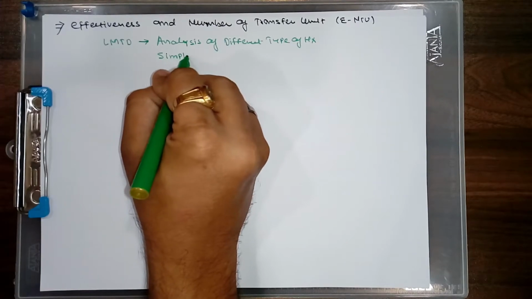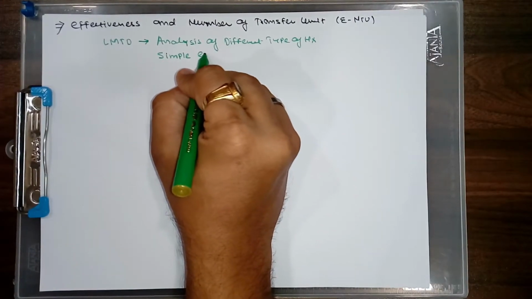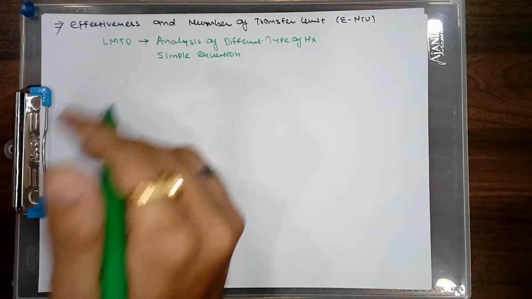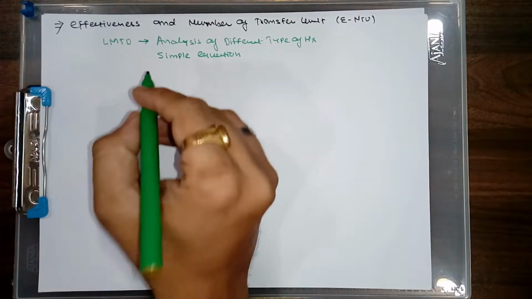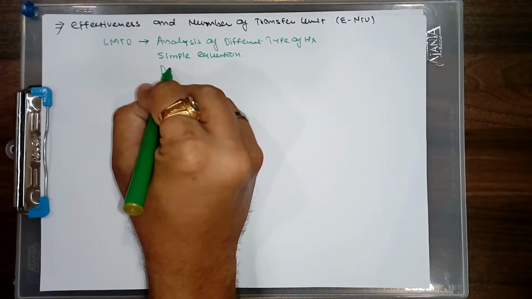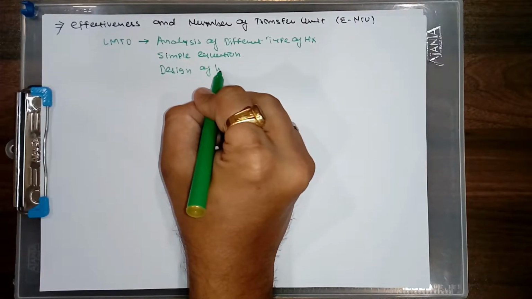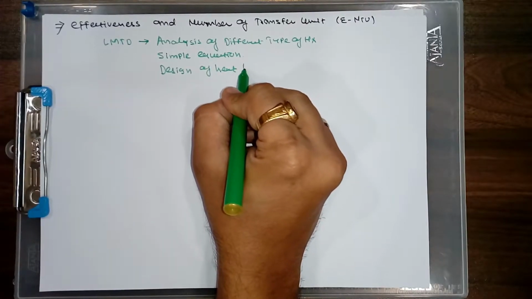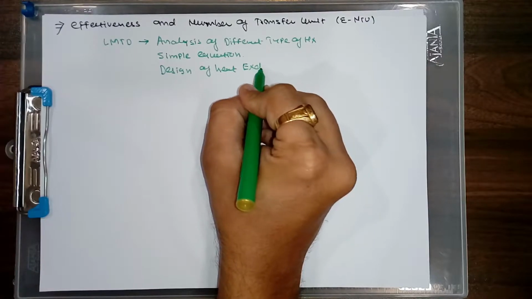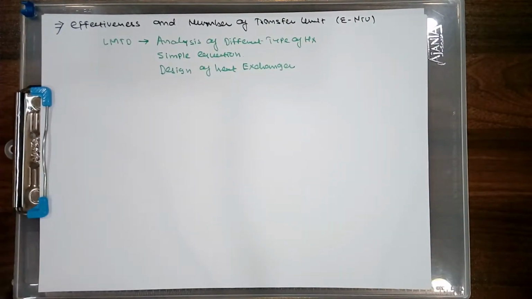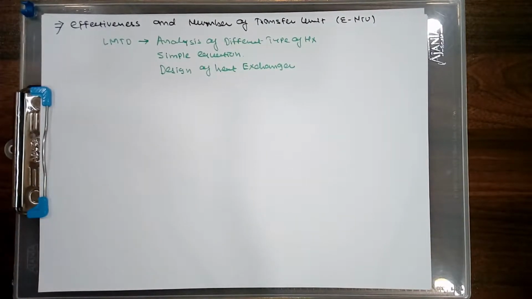So this is the advantage: a simple equation. And LMTD can be used for the design of a heat exchanger. So these are some of the advantages, but some limitations also arise.